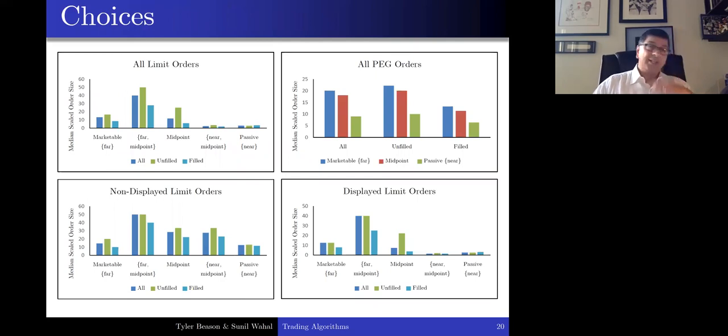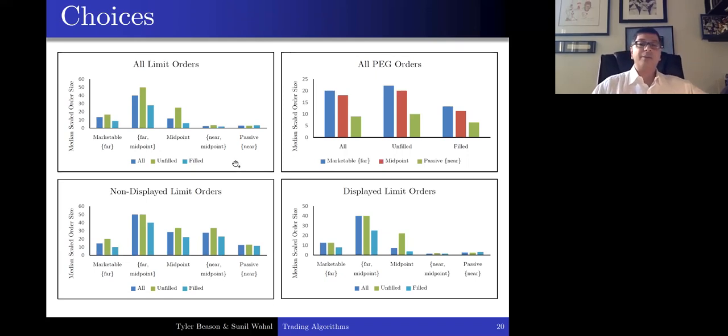So we take every child order and place it in one of 5 buckets. You'll notice this bucket here, this is marketable child orders. There's midpoint priced child orders and passive child orders. Of course, when the spread is wider than a tick, then you can also place orders between the midpoint and the passive side of the spread, or between the midpoint and marketable side of the spread.